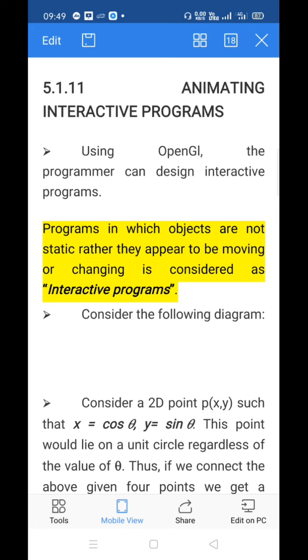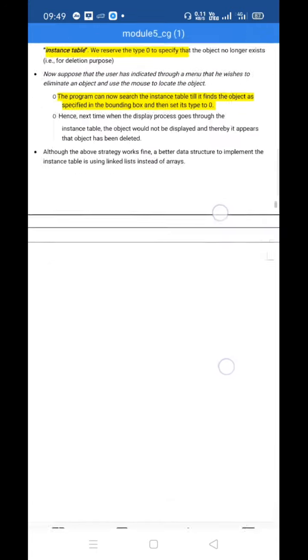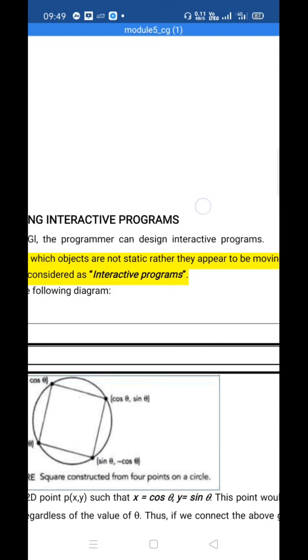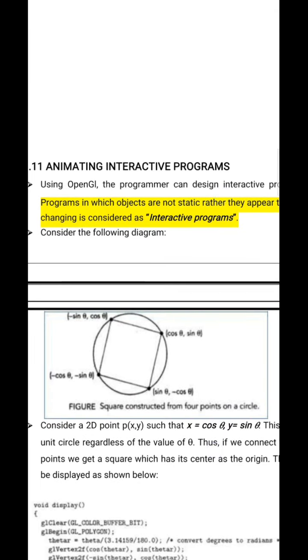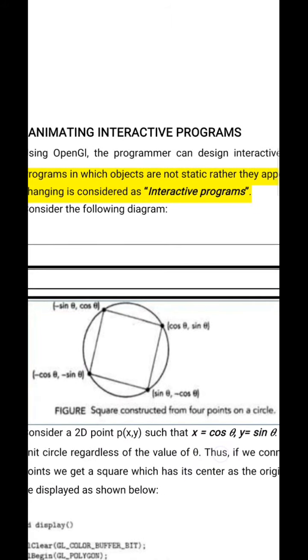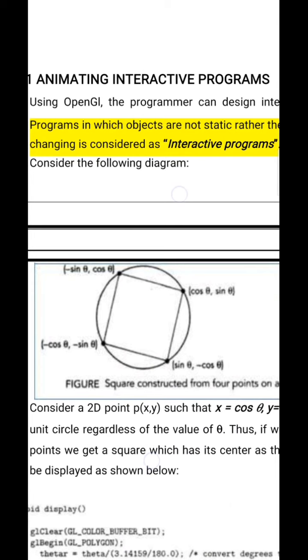Now consider the following diagram. In the mobile view it is not visible. Just see, now I have changed the view. Yeah, fine, now it is visible. You can see a circle, and a square which is constructed inside the circle by using 4 points, right?